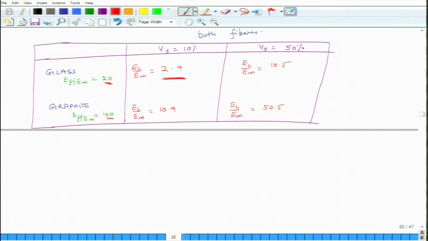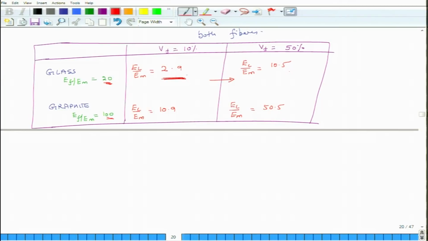So, even small amount of fibers can rapidly increase the stiffness of the system, and then if you increase the fiber content, it almost linearly increases the stiffness of the system.